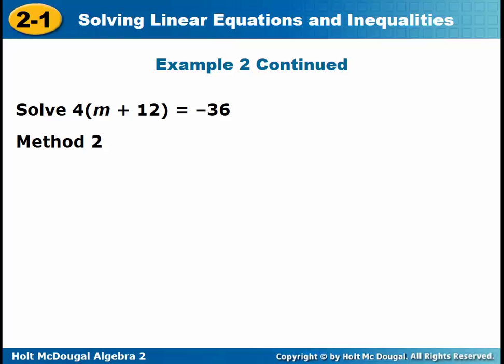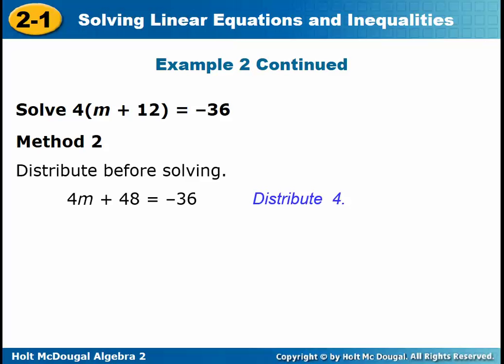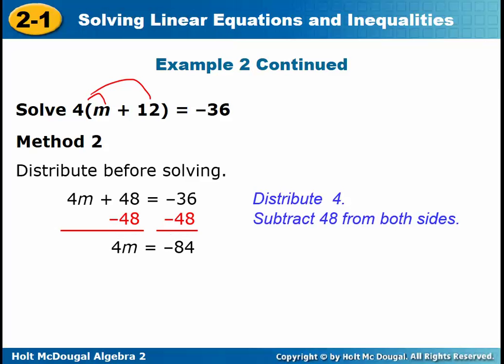Now, that was one method of solving this, but like many equations, there's more than one way to do it. The second method is to do the distributive property first on the left side. So that would be 4 times m is 4m, 4 times 12 is 48, and that's equal to negative 36. Then we just have a two-step equation: subtract 48 from both sides, and then divide by 4.